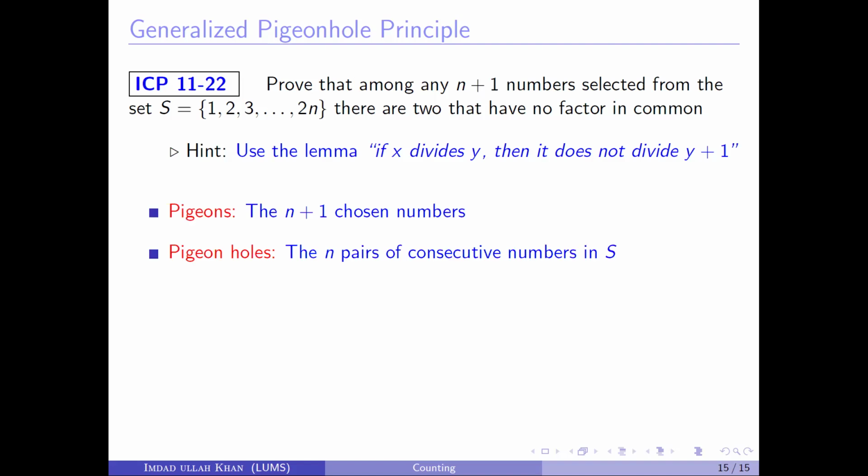So pigeons are n plus 1 because n plus 1 numbers are being chosen. And there's no integer which divides two consecutive numbers. So if we alternate these numbers in the set, we end up with n pairs. So there are two numbers that have no factor in common over here.